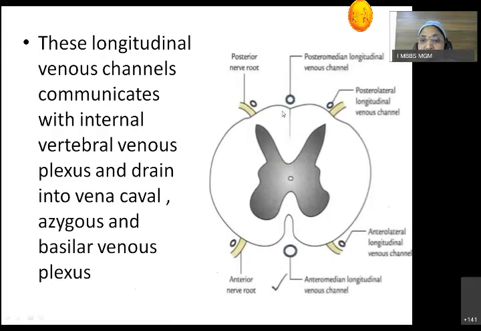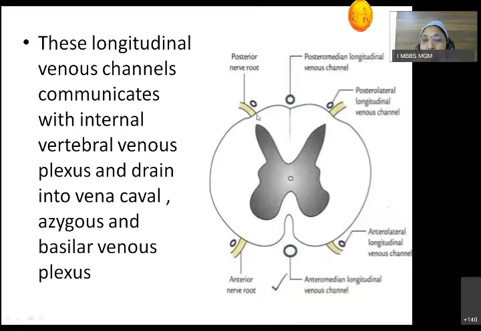Here you can see these are the 2 venous channels which are present in the median plane. Anteriorly, there is the anterior median longitudinal venous channel present in the anterior median fissure. In the posterior median sulcus, there is the posterior median longitudinal venous channel. In the anterolateral sulcus, just posterior to the anterior division of the spinal nerve, there are anterolateral longitudinal venous channels on either side.